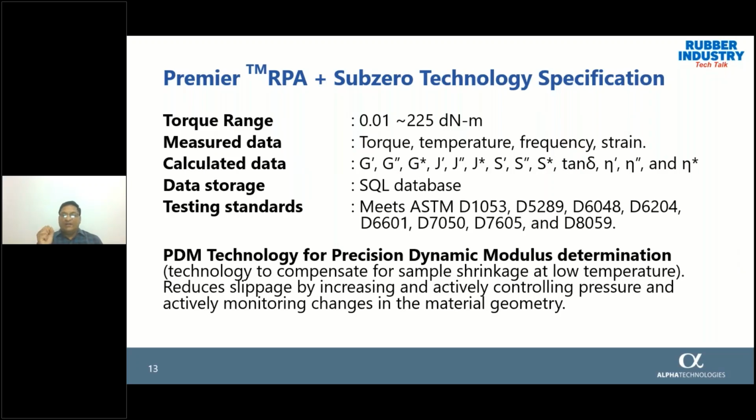So we incorporated a technology which will compensate for the shrinkage of the sample. At the same time, it will actively monitor the material geometry, and the same geometry we are using for modulus calculation. So we are calling it the precision dynamic modulus.